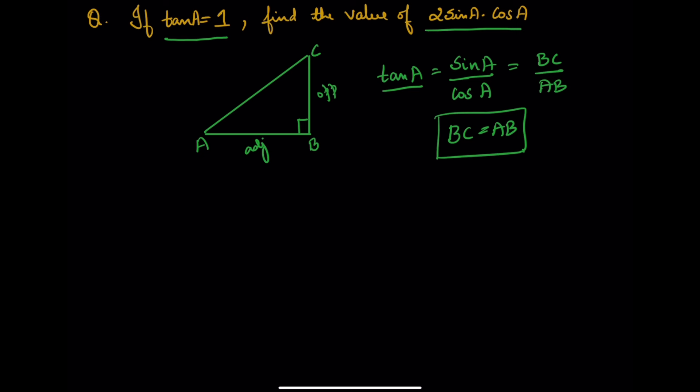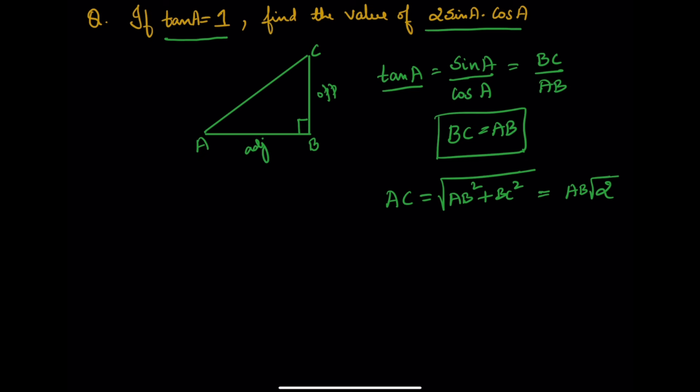So if we apply the Pythagoras theorem here, we would get AC is equal to square root of AB square plus BC square. But we know BC and AB are equal, so we will have, let me fix this, sorry for that. So this is AB times square root of 2.